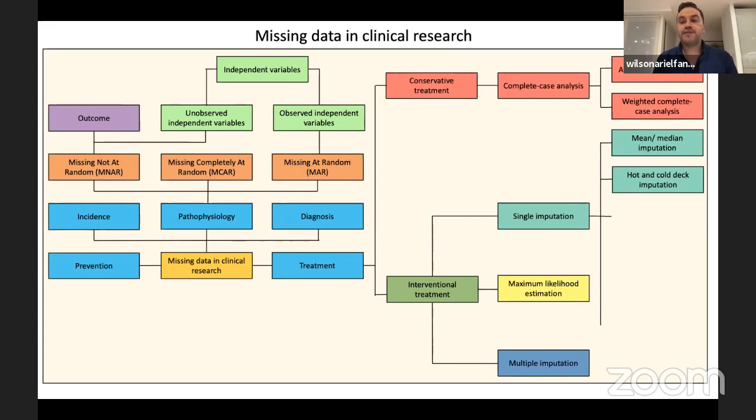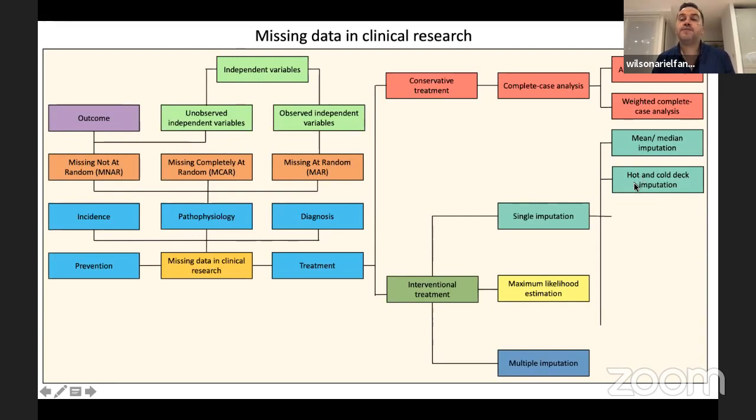Hot and cold deck imputation. Whenever you read this, that means that the investigator chose a matched case, a very similar patient, very similar participant, and just copied the missing data that they have, and that's it.